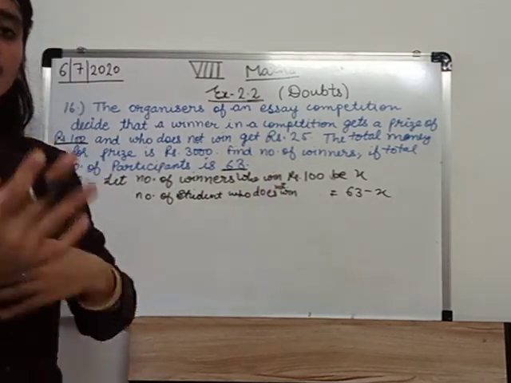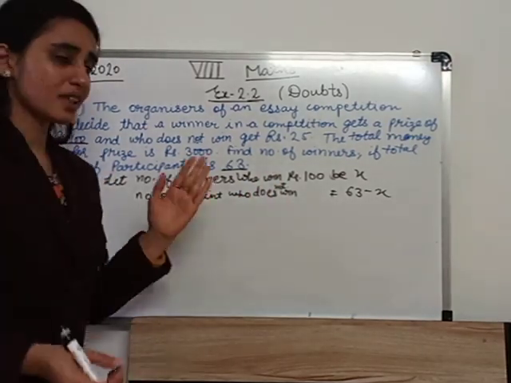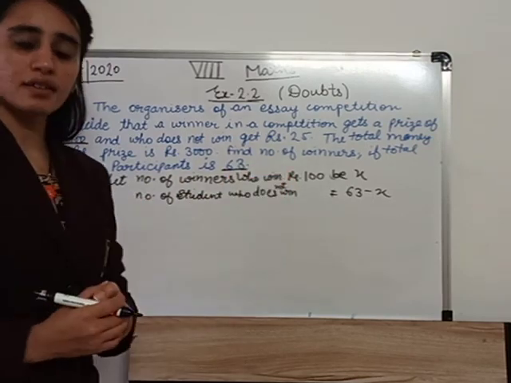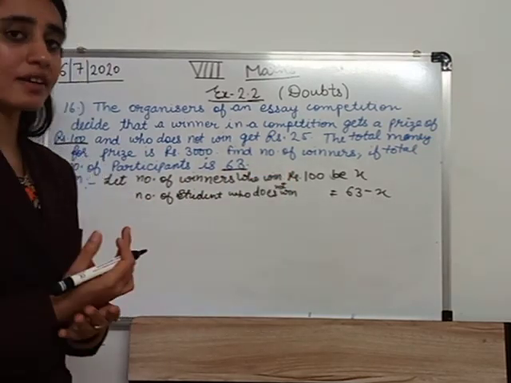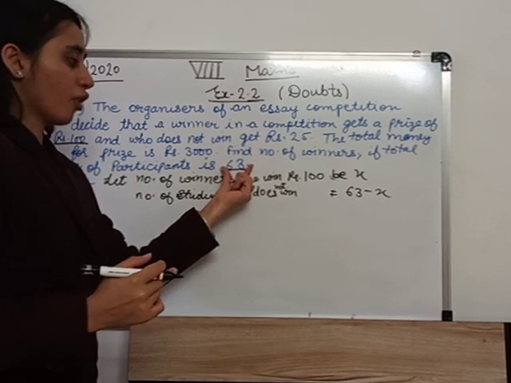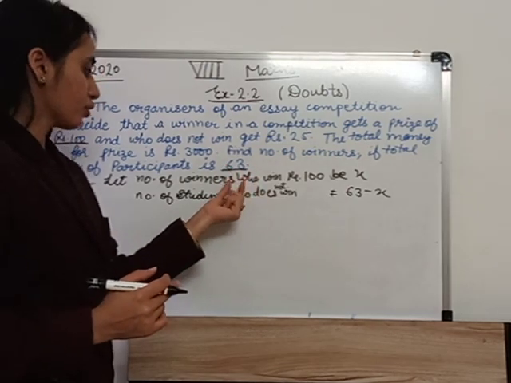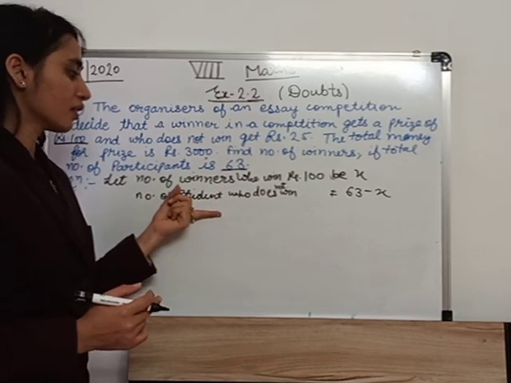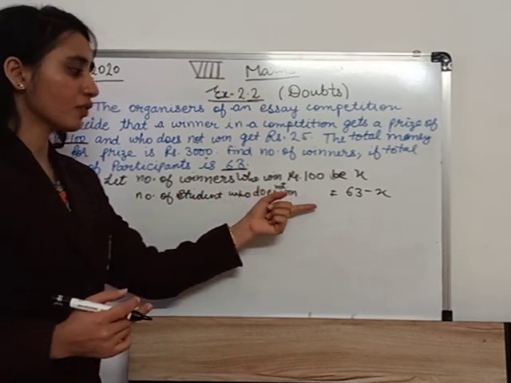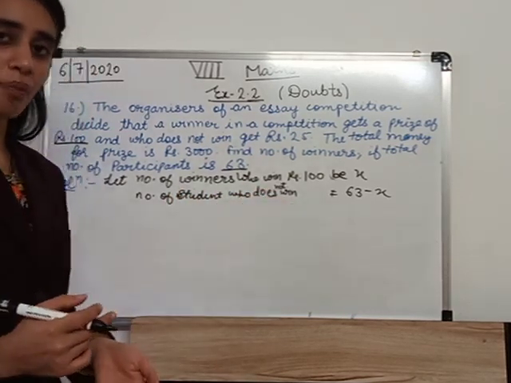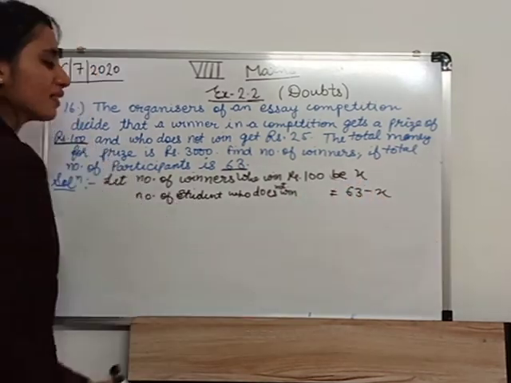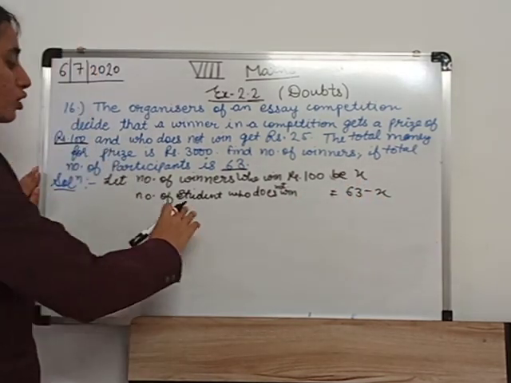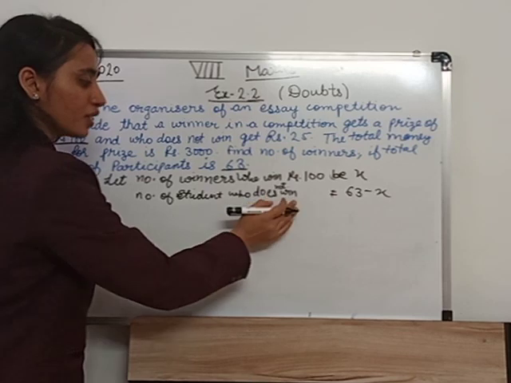How many students don't win this prize? How can we find that number? From the total number we have to subtract the winning number of students, then we get the students who don't win the essay competition, that is 63 minus x.